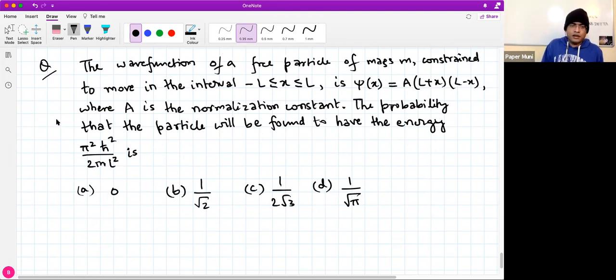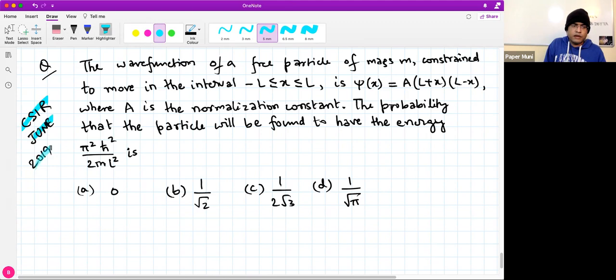All right, so this is a problem which we have already solved, this kind of problem. This is a question from CSIR June 2019. So this is a similar problem, which we already did for JAM, and the earlier problem which we did for JEST.